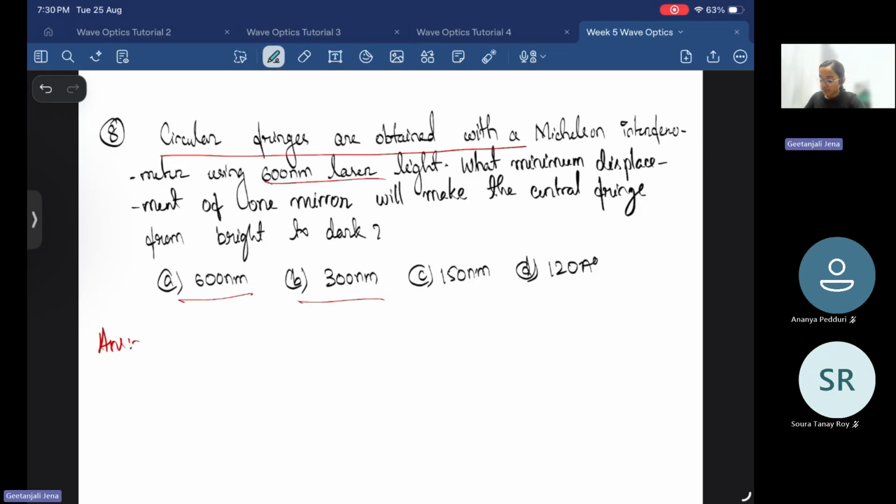Option A 600, B 300, C 150, D 120 angstrom.